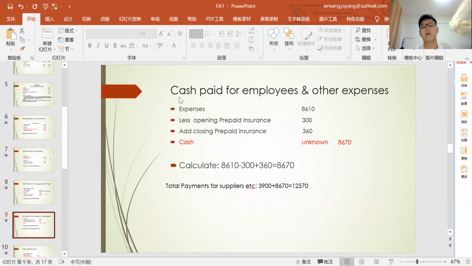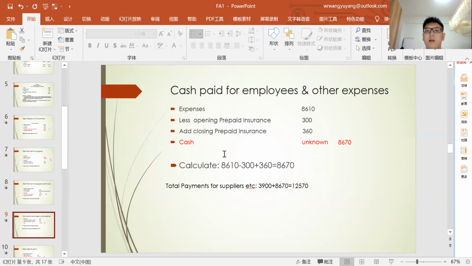So next we should calculate cash paid for employees and other expenses. We look at the income statement. The expense is 8610, and we should subtract the opening prepaid insurance and add the closing prepaid insurance. So the calculation is 8610 minus 300 plus 360 equals 8670.